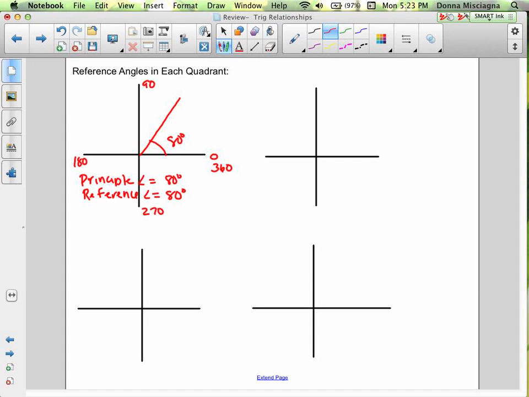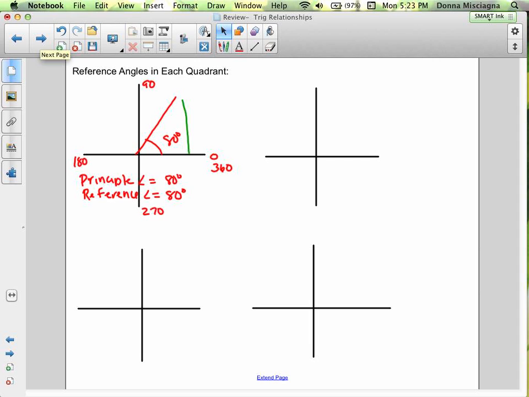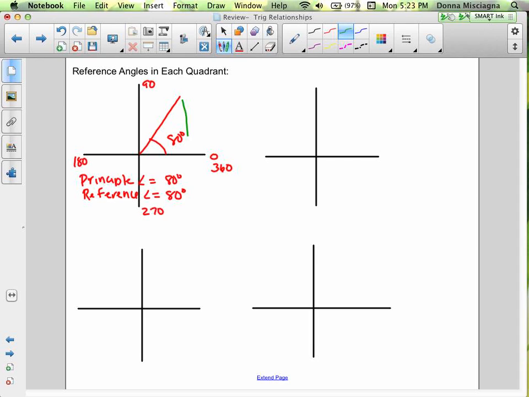If we wanted to go back to the x-axis, the shortest way is right there, so we never leave the first quadrant. In the first quadrant, the reference angle equals the principal angle.